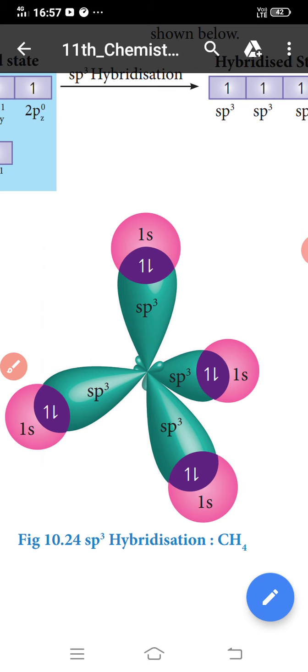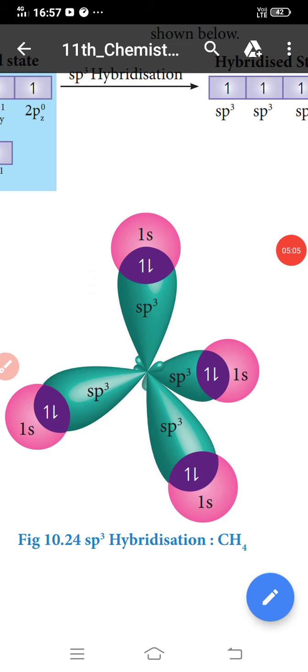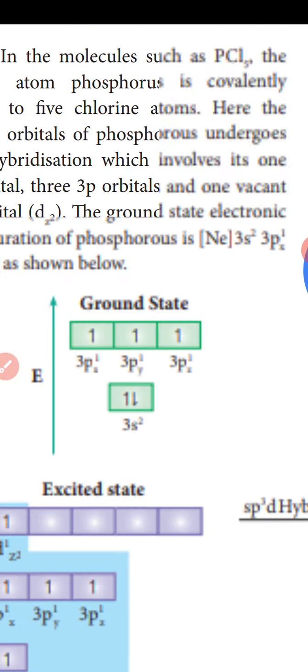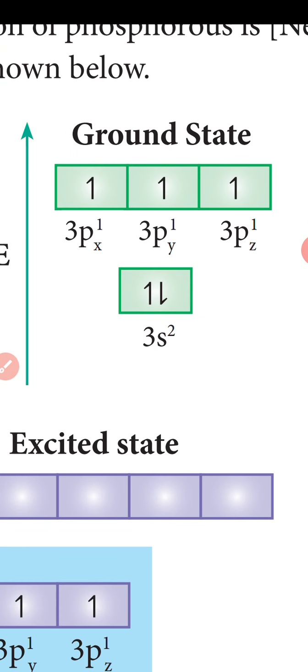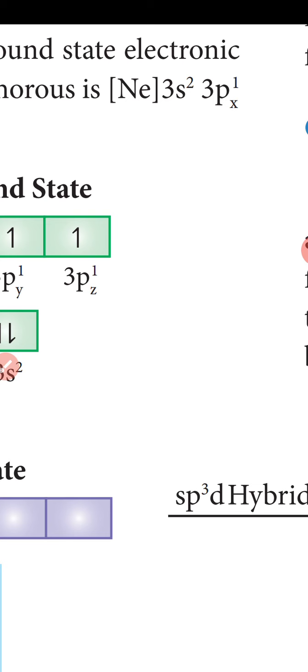Next is sp3d hybridization. In molecules such as phosphorus pentachloride, phosphorus is covalently bonded to 5 chlorine atoms.